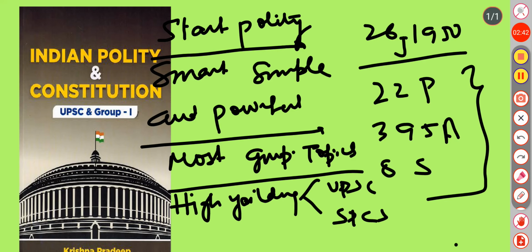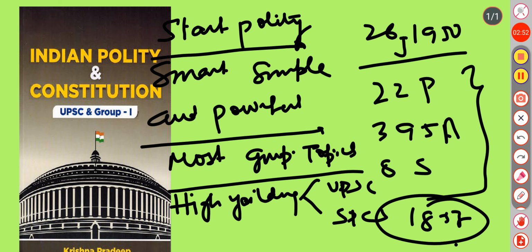Next I would like to cover administrative and legislative reforms before 1857. First, there is the Regulating Act of 1773. According to this act, the governance of the East India Company was put under British Parliament control, right?